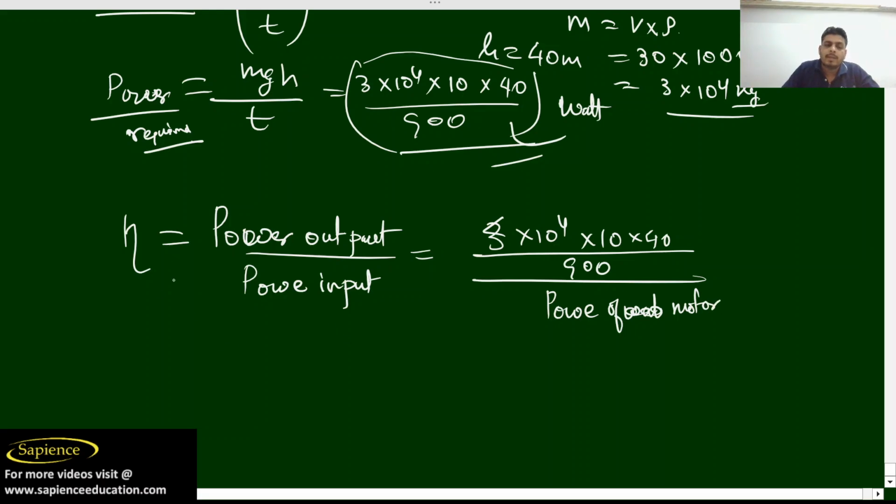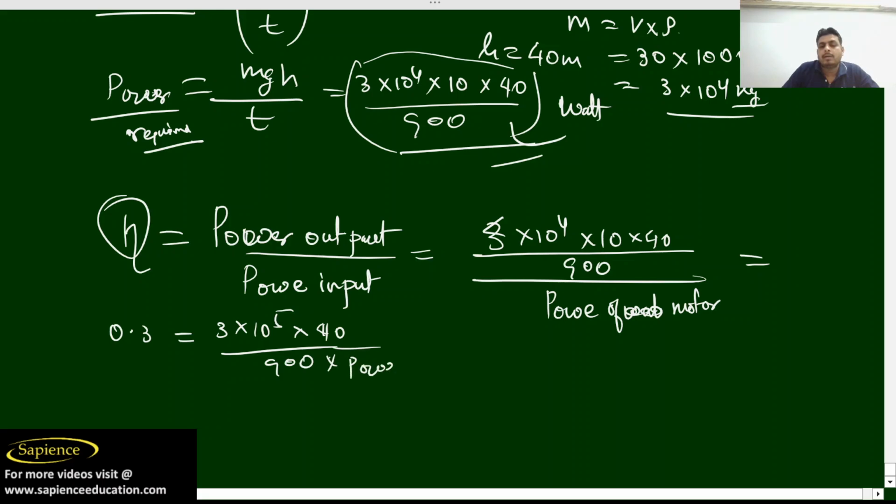So finally, efficiency has the value 0.3. So can we write 0.3 is equal to 3 into 10 power 5 into 40 divided by 900, divided by the power of the motor.